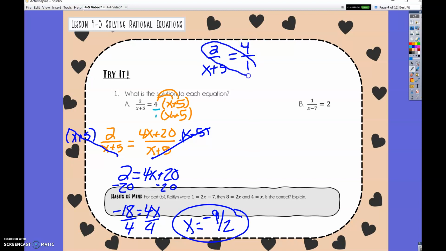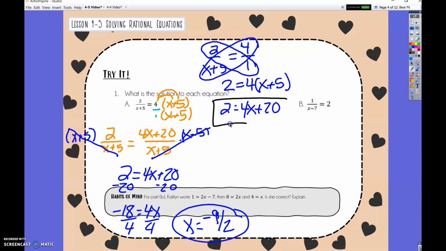I'd get 2 times 1 is 2, equals 4 times x plus 5. And that would mean 2 equals 4x plus 20. And I'm going to stop right there, because if you take a look, this is the exact same thing as this one. So we know they'd come out the same.